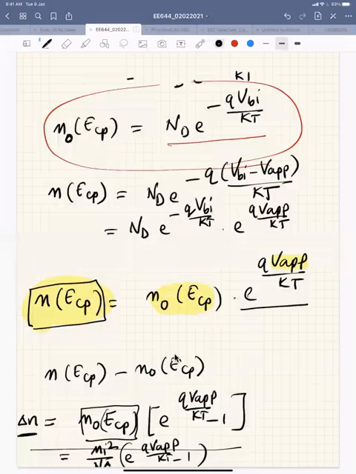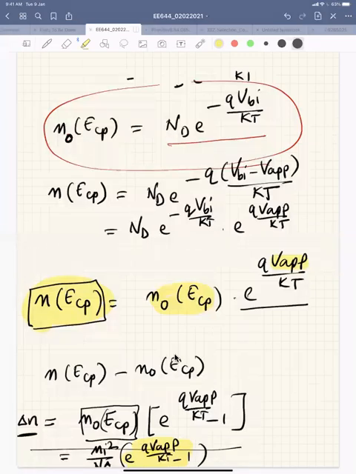That is the equilibrium electron concentration times e to the q VA by kt minus 1. And this is your diode equation. This e to the q VA by kt term will be there all the time, and it tells you that the moment you forward bias, these are the excess carriers.